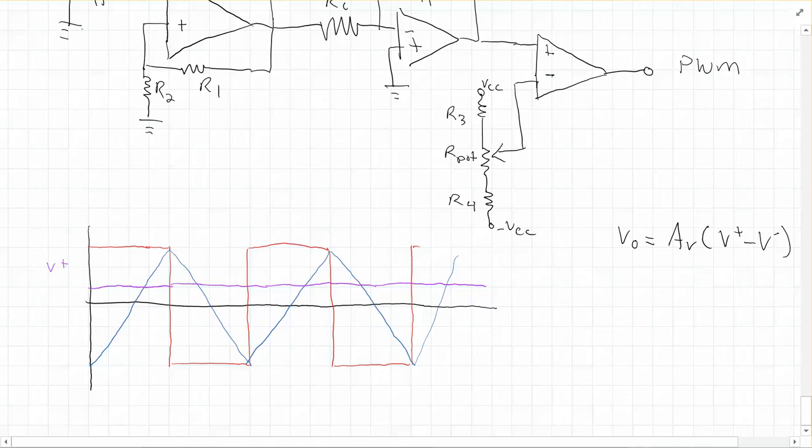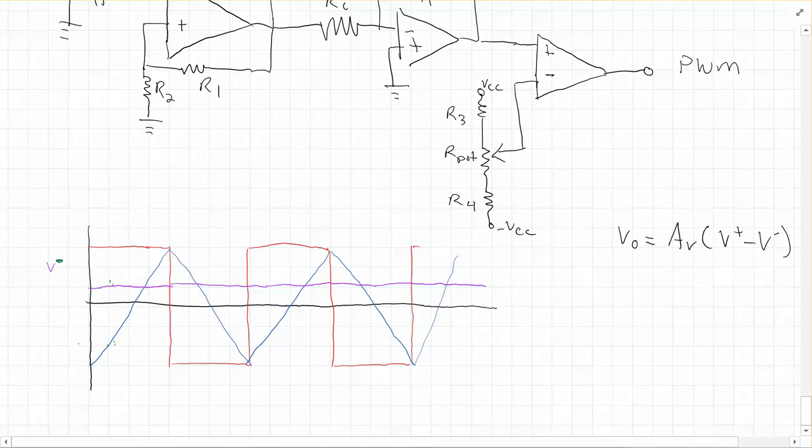Let me correct that, because I corrected it over here but hadn't corrected it there. So this is V minus, and this is V plus. So V plus minus V minus: this is a negative minus a positive number, so that's going to be negative, which puts me down at the bottom here.